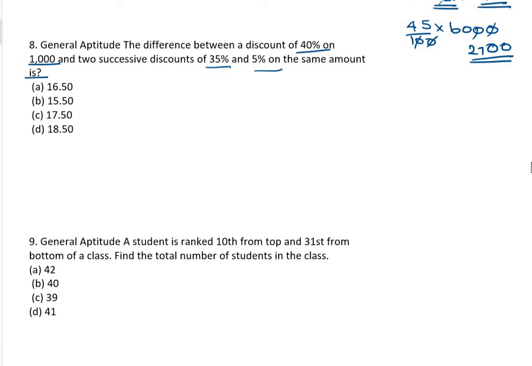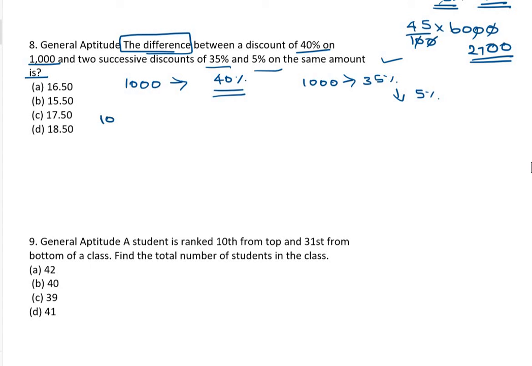So the first one is a discount of 40%, a one-time discount. The second one is the same amount, 1000 rupees, with two successive discounts: first 35% and then for the remaining amount again a 5% discount. So what is the difference between these two? Out of 100, 40 rupees is the discount. What about 1000? 400 rupees discount.